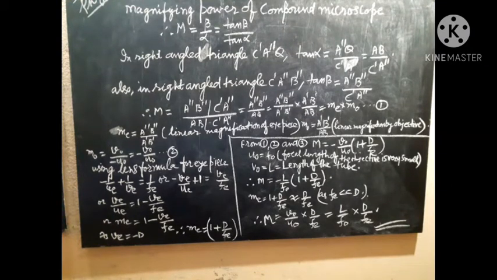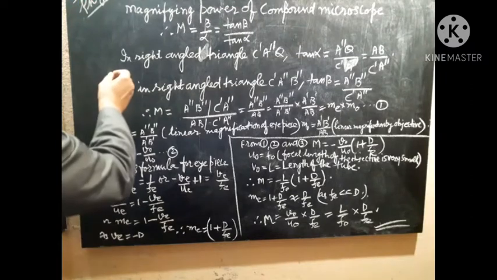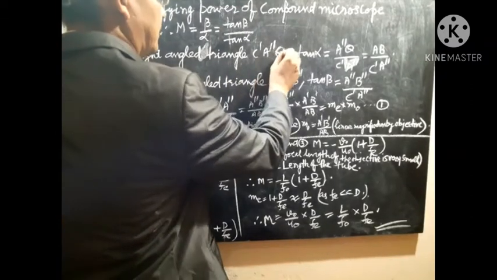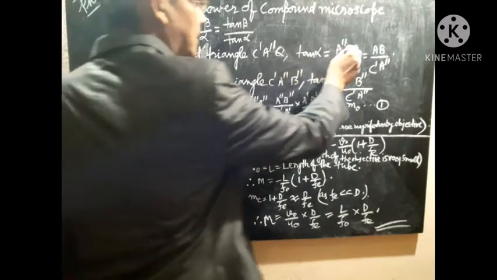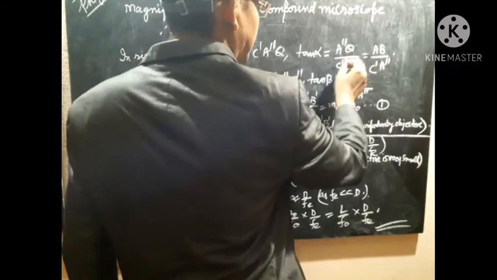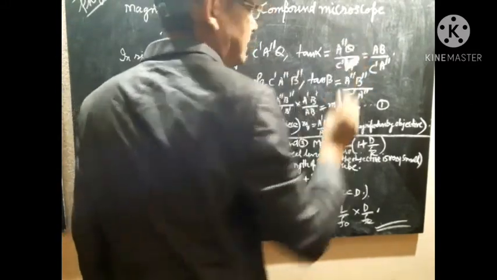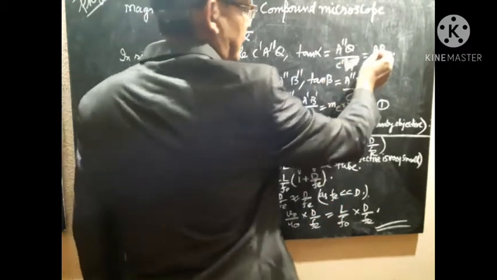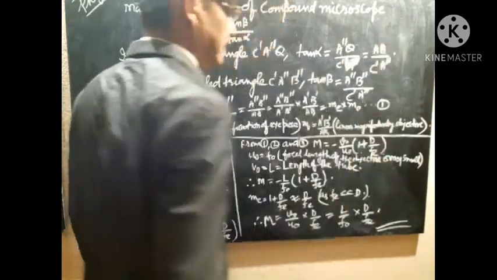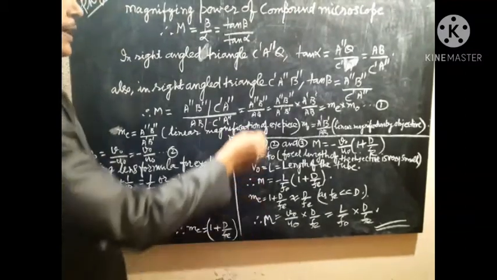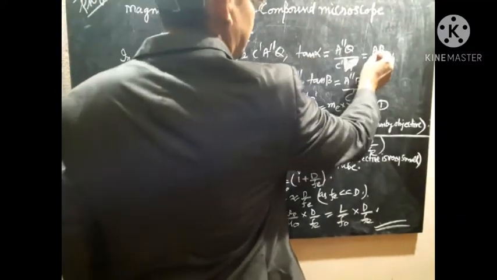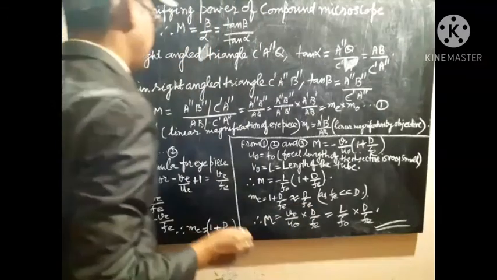Here in right angled triangle C dash A double dash Q, tan alpha is equal to AB by C dash A double dash.